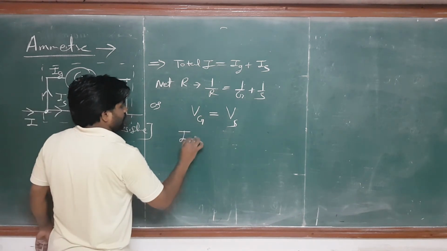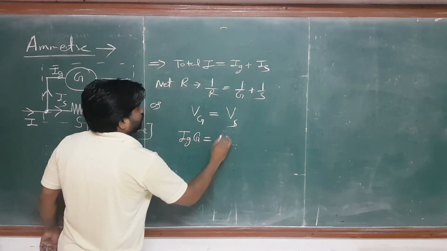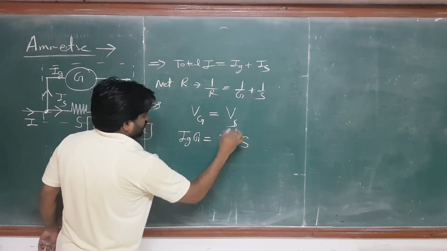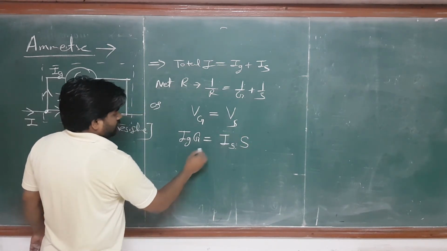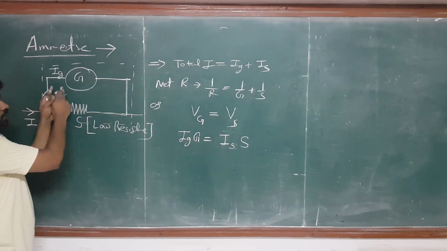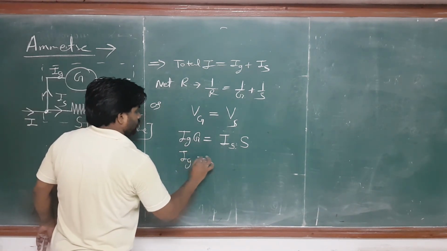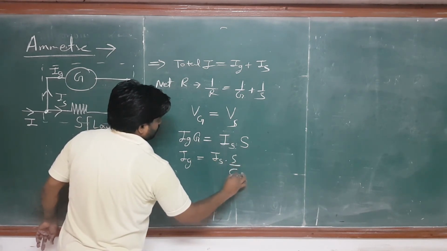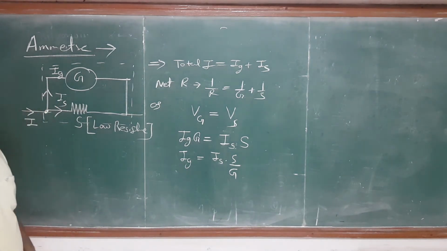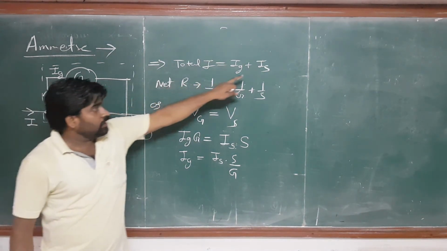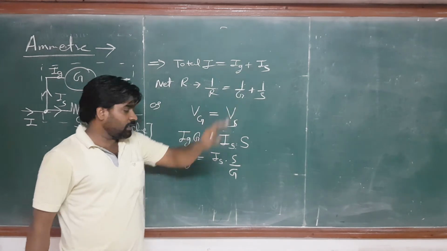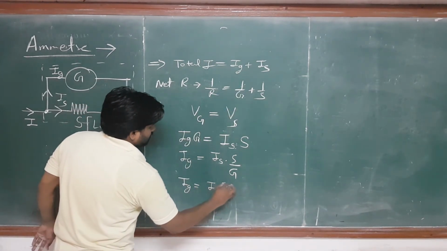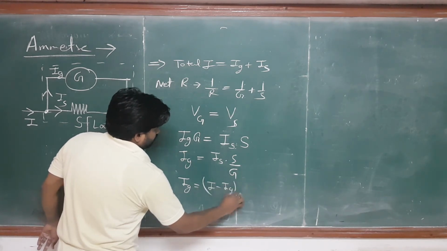Then I can write Ig dot G is equal to Is dot S. And if we want to calculate the current of the galvanometer, then Ig is equal to Is dot S by G. The Is you can take from here: I minus Ig. Then Ig is equal to I minus Ig dot S by G.